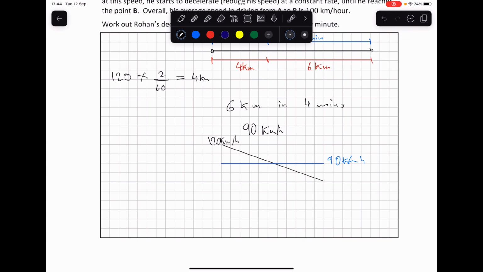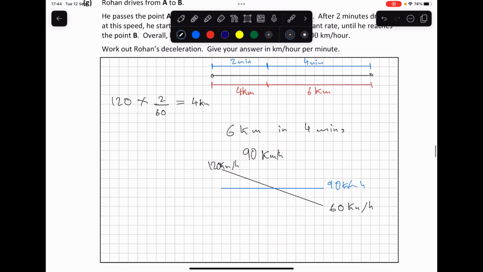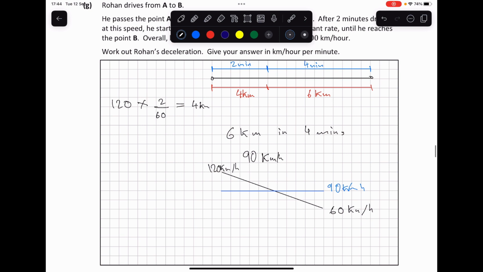Think of it geometry-wise. 2 triangles here. These 2 triangles have to be of equal size. So they started 30 kilometers an hour faster than the average, so they have to finish 30 kilometers an hour slower. Does that make sense? So that means they finished at 60 kilometers an hour.